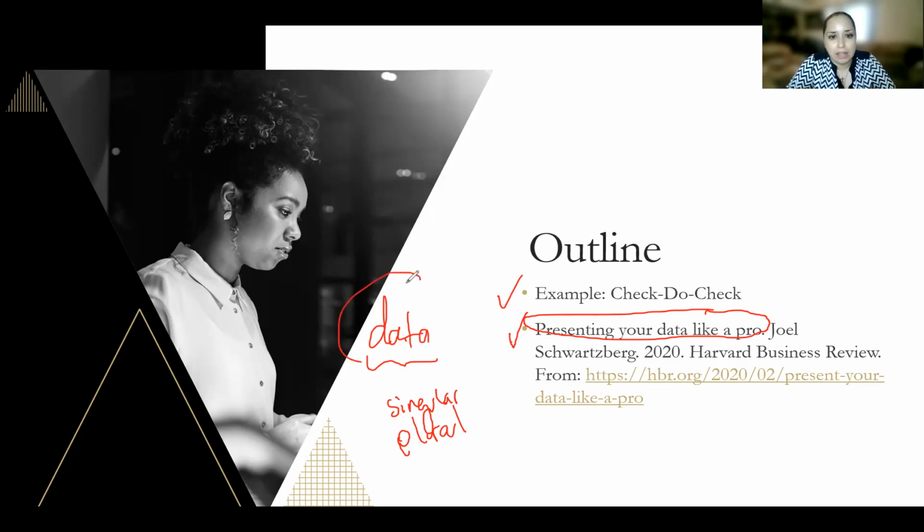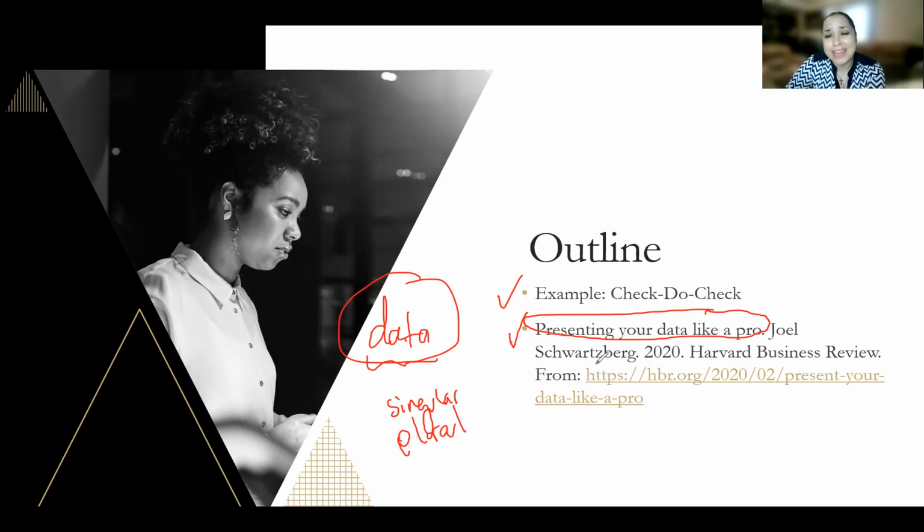It's data. It's a singular word, but it's translated as information. So when you are using data to present to an audience, you want to do it in the best way.